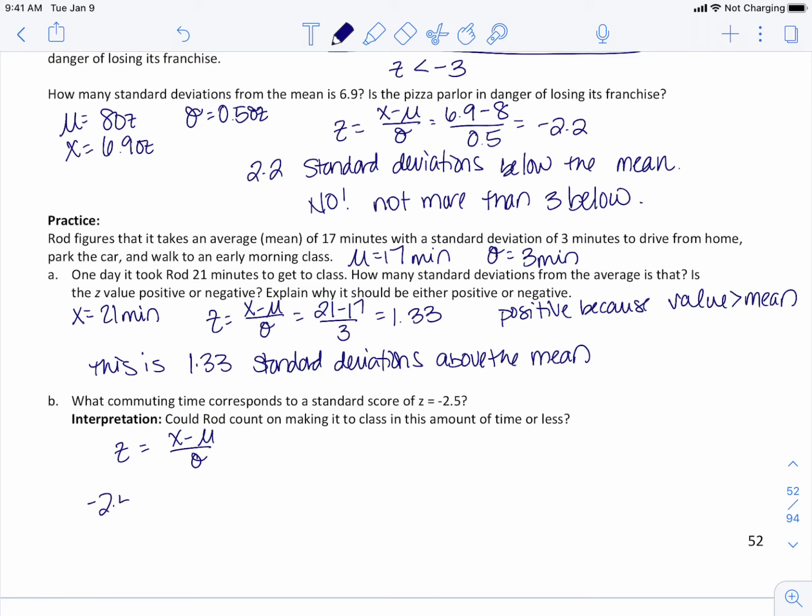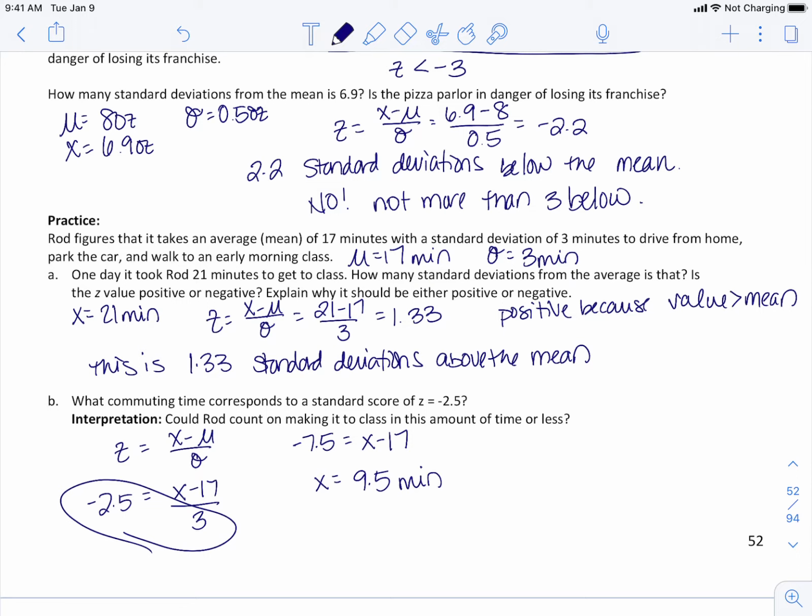So we have negative 2.5 equals x minus 17 over 3. So we can multiply these two together. 3 times negative 2.5 is negative 7.5 equals x minus 17. Add our 17 and we get x is 9.5 minutes.